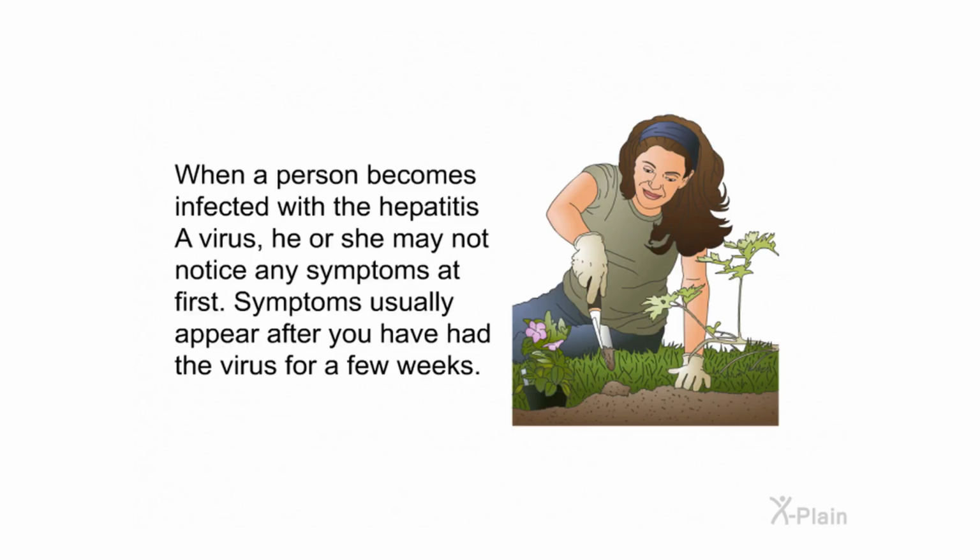Symptoms. When a person becomes infected with the hepatitis A virus, he or she may not notice any symptoms at first. Symptoms usually appear after you have had the virus for a few weeks.